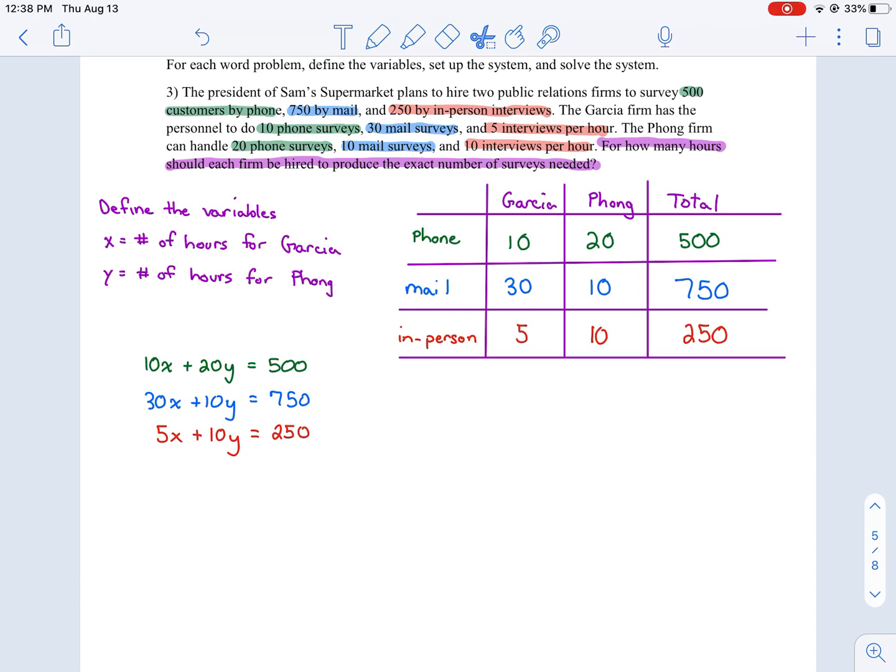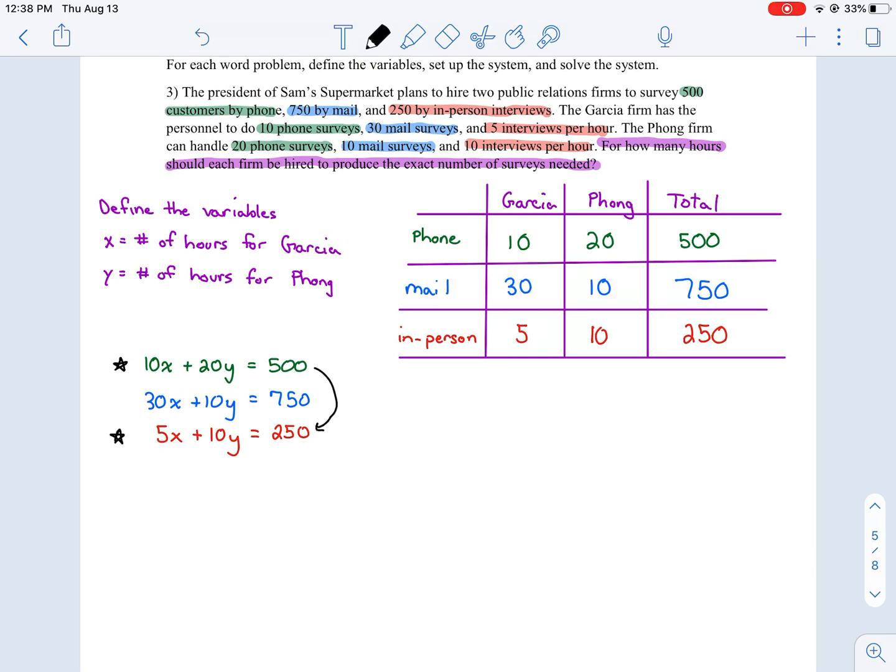And before I begin writing the augmented matrix, I want you to notice what's happening in this problem. Notice that the equation in green is a multiple of the equation in red. Actually, if you multiply the equation in red by 2, you're going to get the equation in green.